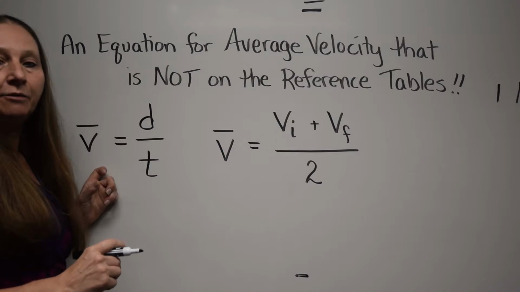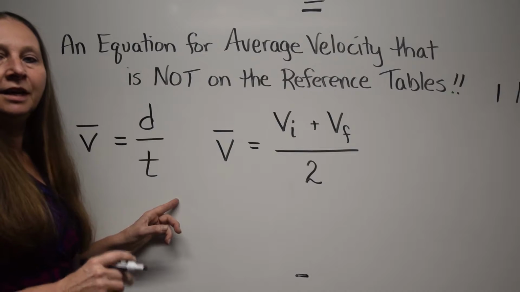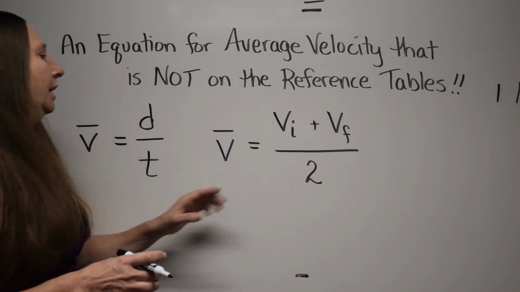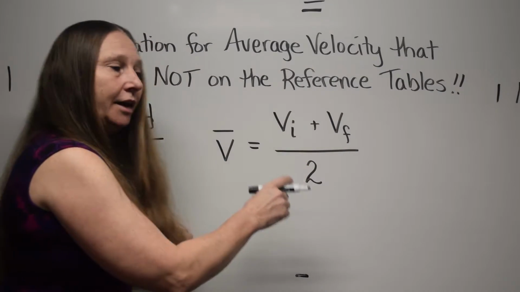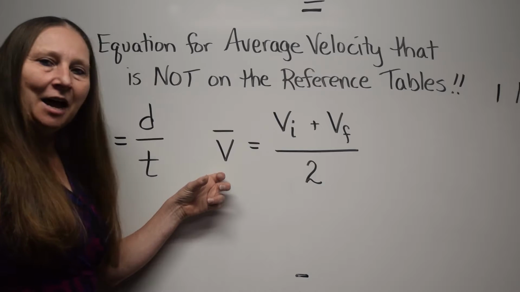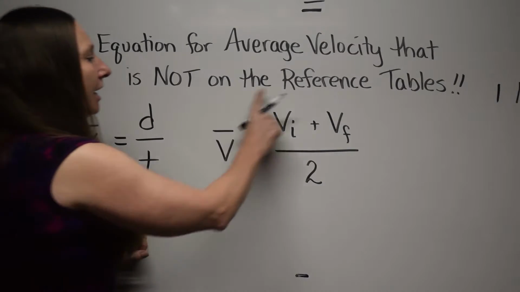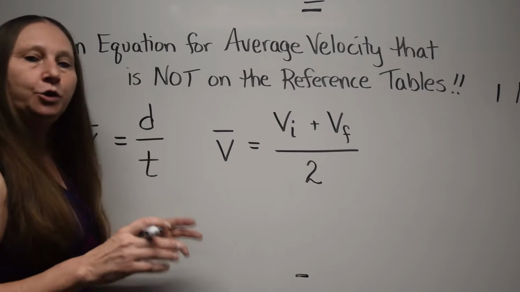Technically this is average speed, but again, total distance divided by total time is going to get you an average. And taking two velocities and adding them together and dividing by 2, we know how to take an average like that. So again, keep in mind this equation for average velocity is not on your reference tables.